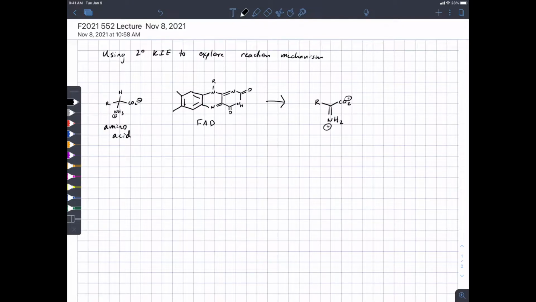And then the other thing you get is the reduced form of FAD, which is FADH2, and it has a couple of hydrogens in places that it didn't before.